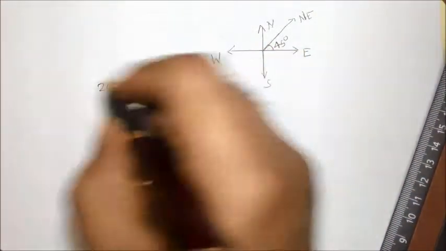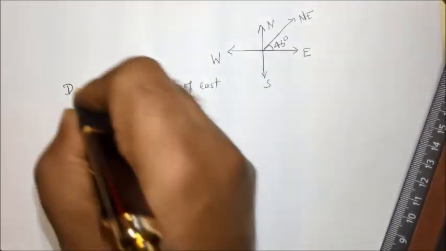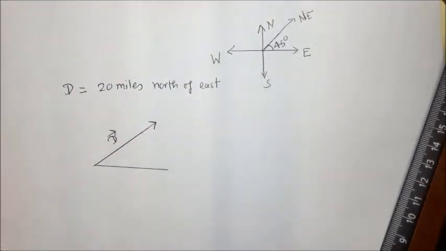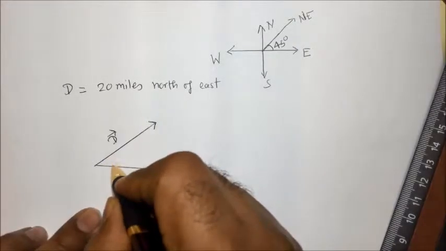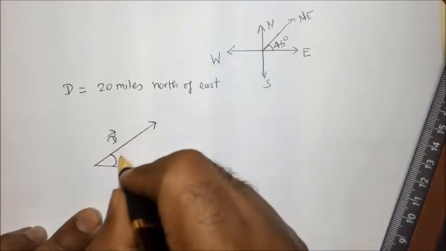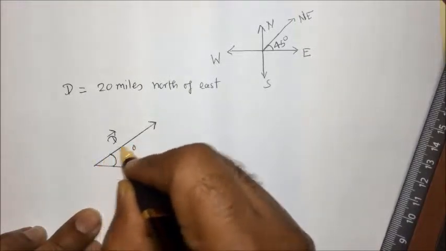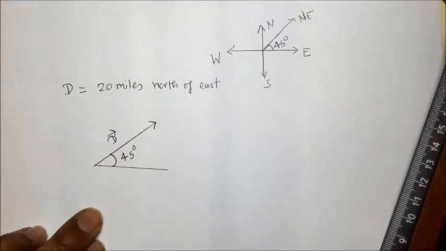So you can say that this is the vector D, so you write D like this. Make sure that you measure this 45 degree angle before you draw this line. Okay, after measuring 45 degrees using a protractor, you can draw this vector.